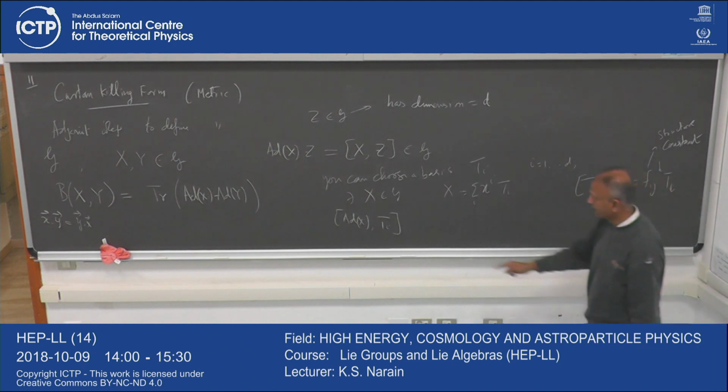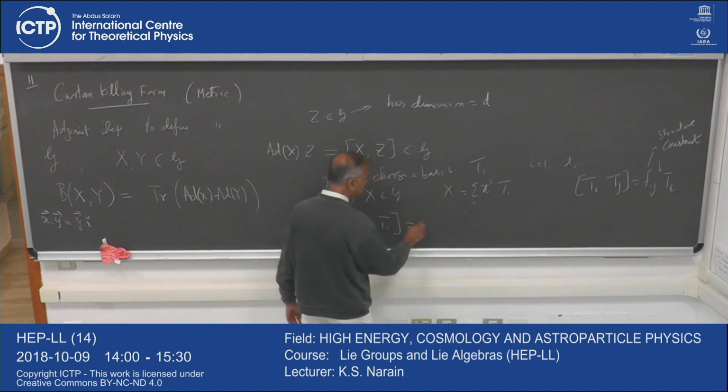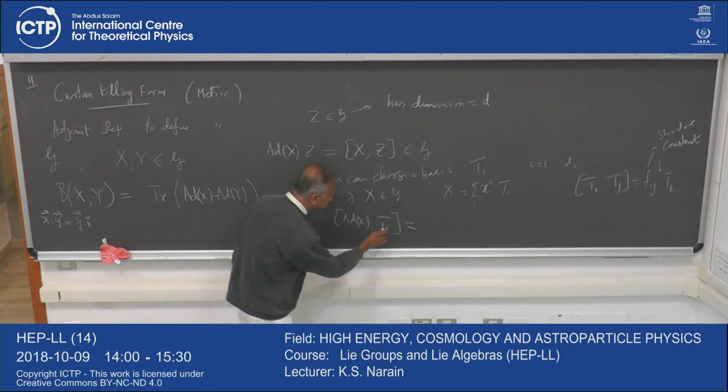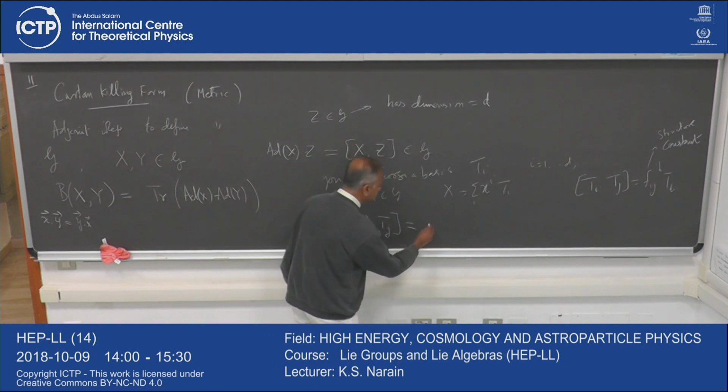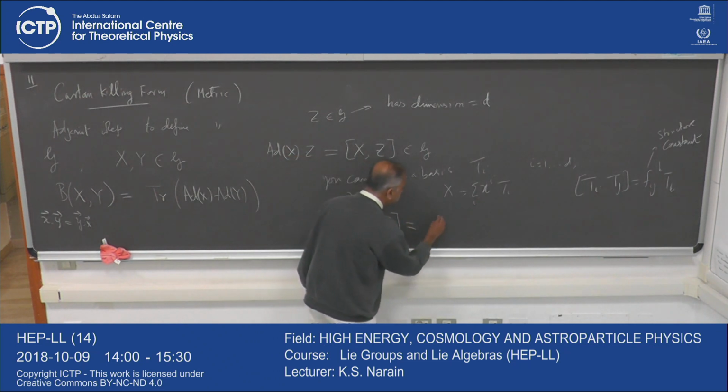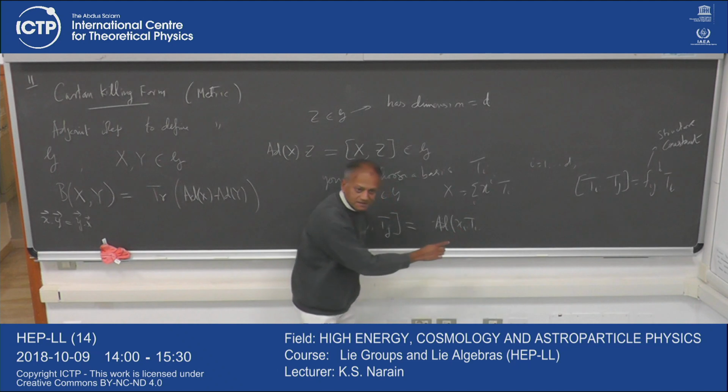Okay. So then I can write it like this. Let me put j here because I'm using i there. So this is the same as ad of x^i t_i, summed over i, repeated index summed over.